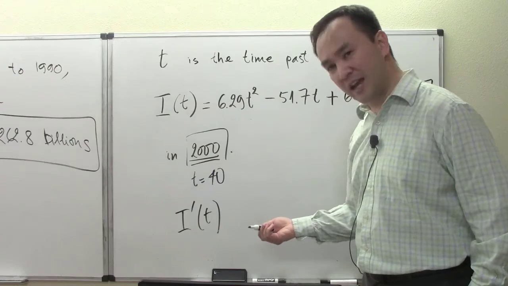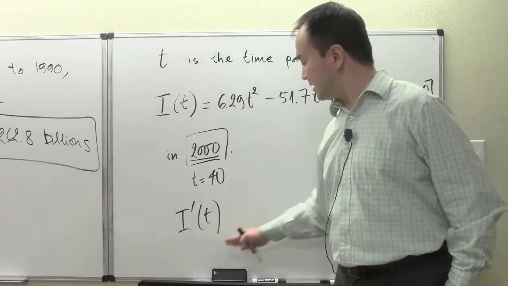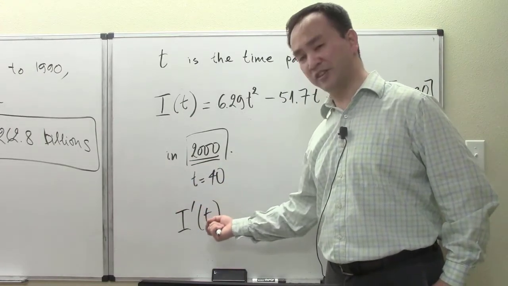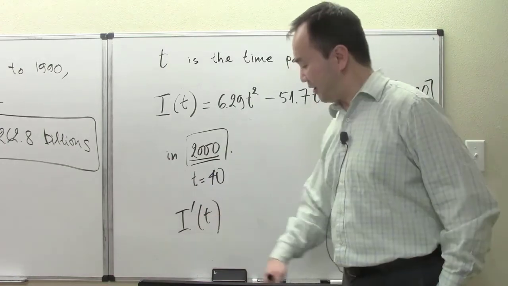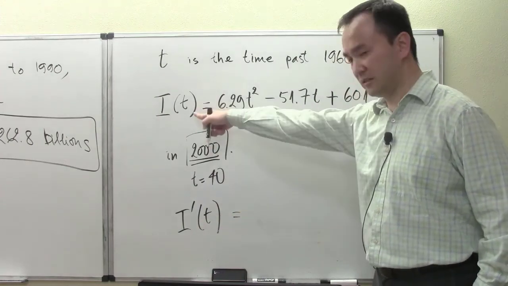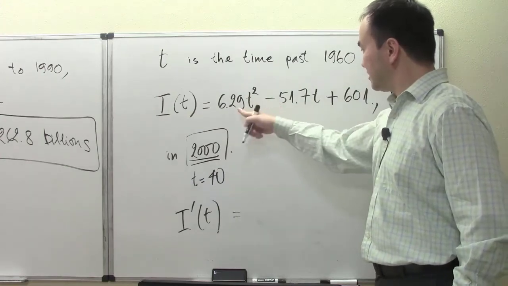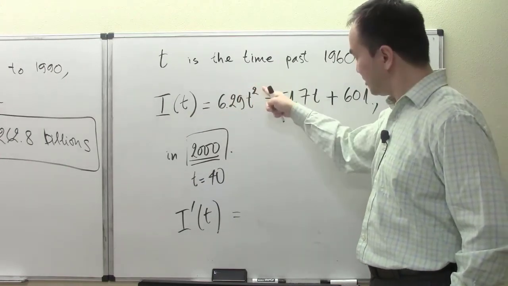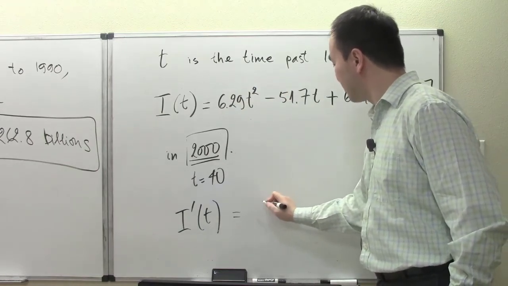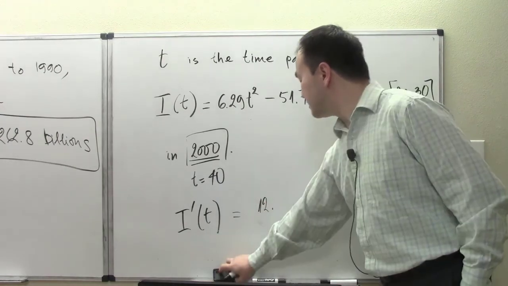Needless to say, viewers can only understand this after you have mastered a certain level of, and at least understand my lecture in terms of, what a derivative is. So now I prime of t, the derivative of our I of t function, is going to be 6.29 times 2, because the power rule comes down, so that makes it 12.